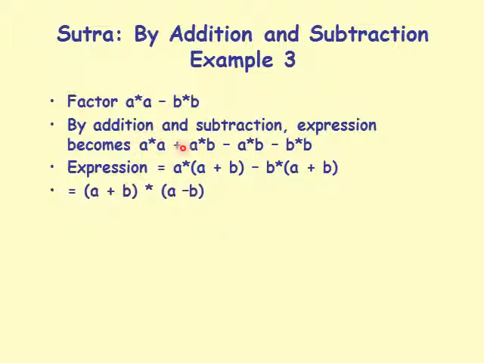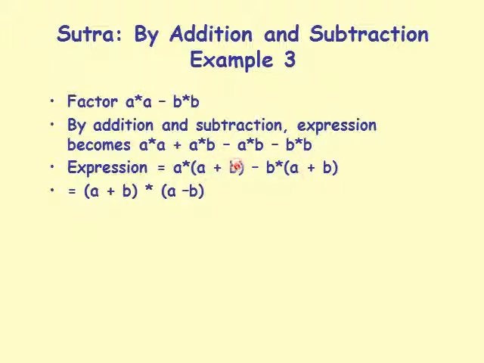Okay, and then when you regroup them, a squared plus ab has a factor of a. Factor out a from here and it becomes a times a plus b. Minus ab minus b squared has a factor of minus b. So it's minus b times a plus b.